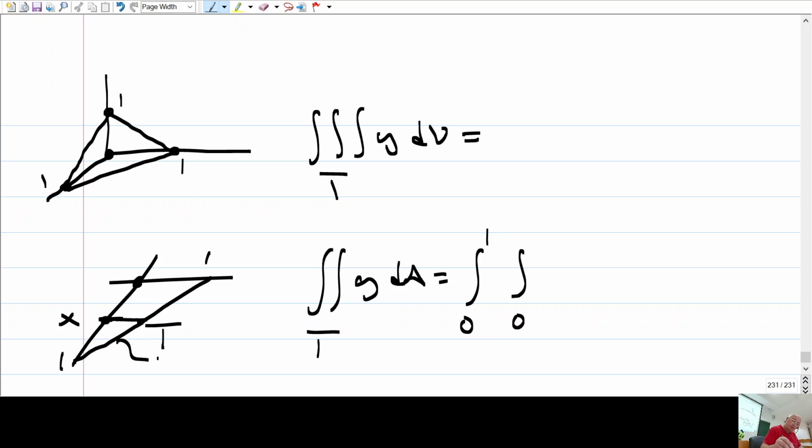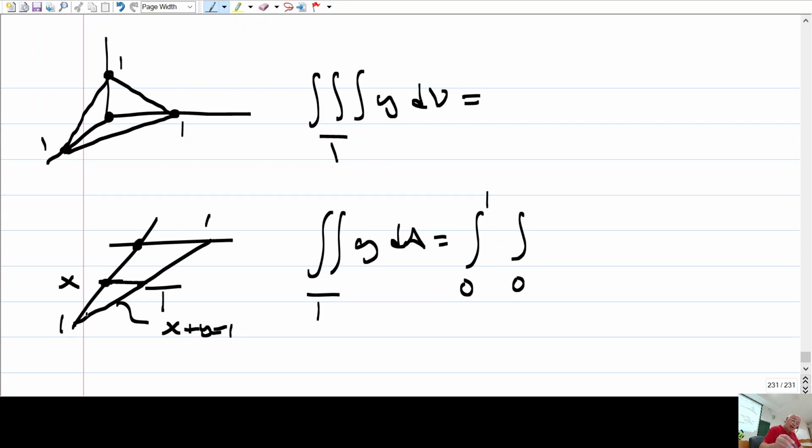What is this point? Well, this is the line x plus y equals 1. Therefore, for x here, y is just 1 minus x. So I would just write, okay, x is changing from 0 to 1, and for each x value, my region contains points whose y coordinate ranges from 0 up to 1 minus x. And that would be my iterated integral.